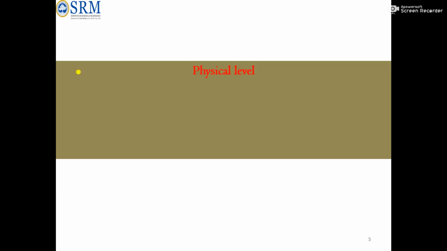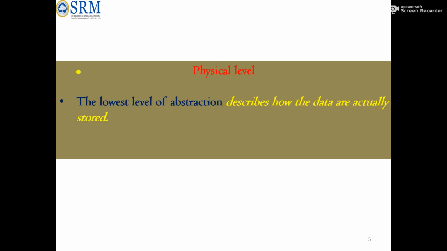The first one, which I said, is called the physical view, which is the lowest level of abstraction. At this level, we can understand how the data is stored on the particular storage medium, in which format it is stored, what the data type is, what the size is, and whether it is stored in a contiguous way or in a sequential way.